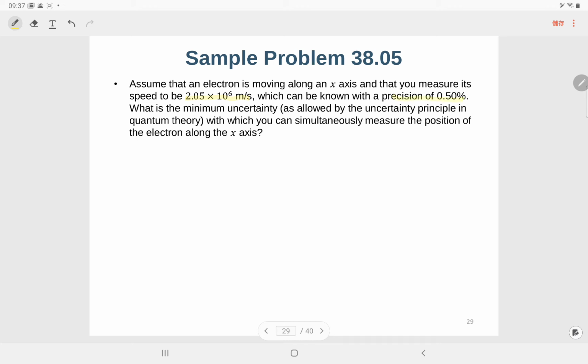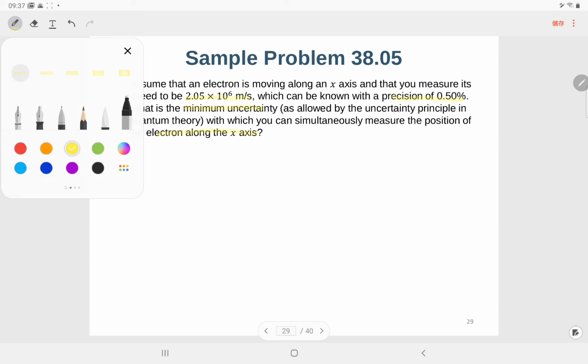What is the minimum uncertainty allowed by the uncertainty principle in quantum theory, with which you can simultaneously measure the position of the electron along the x-axis? So you just substitute it into the Heisenberg uncertainty principle, and that's it.